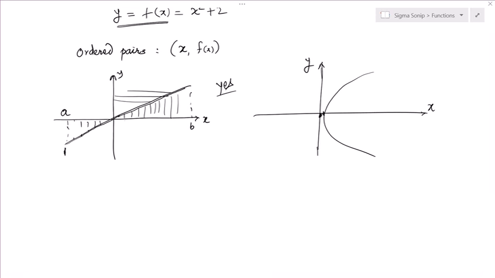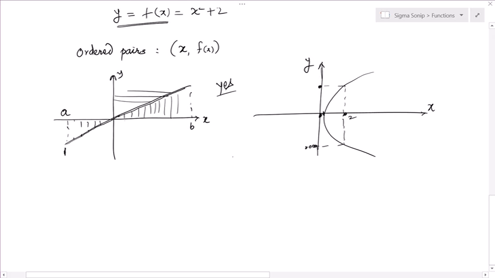Think before you decide, and if you want you can pause the video. My answer is that this is not a function, because for this value of x, suppose x equal to 2, it gives me two values of y. It gives me one value of y here and another value of y here. So this is not a valid function.